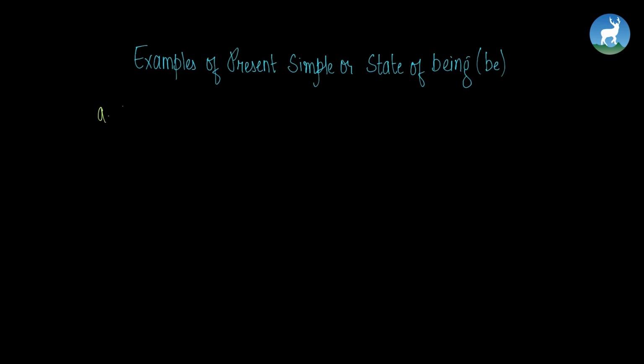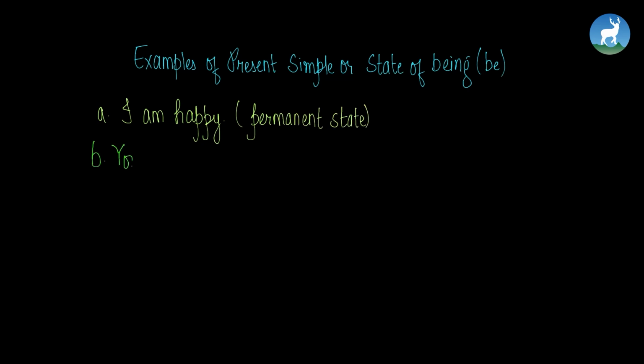So the first example, A, I am happy, like we did just a while ago. This expresses a permanent state for the time being, right? Number B, you are a student. So what does this sentence reflect? It explains a fact, that you are a student. Another example, C, she is tired.